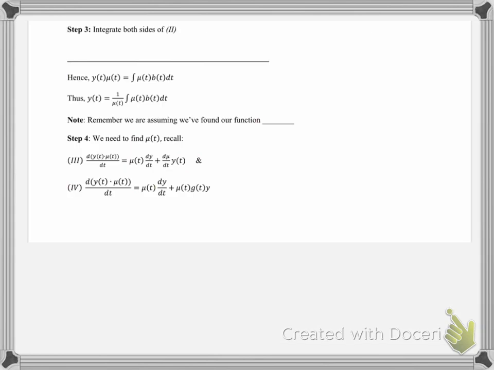So the next step is we're going to integrate both sides of 2. So we're going to take the integral of d of y of t times mu of t over dt equals the integral of mu of t b of t dt. Okay, so hence y of t.